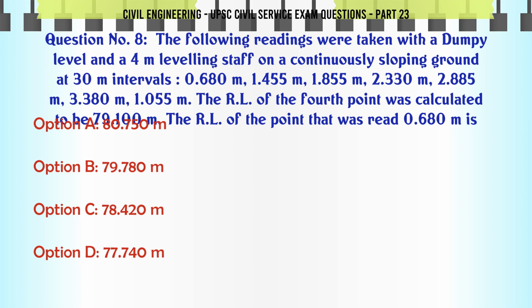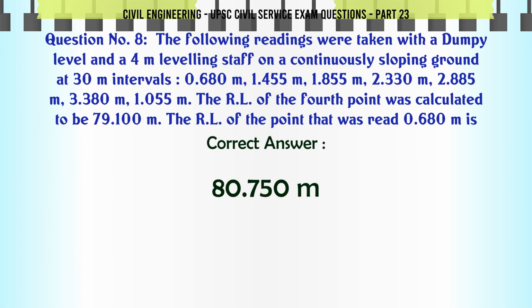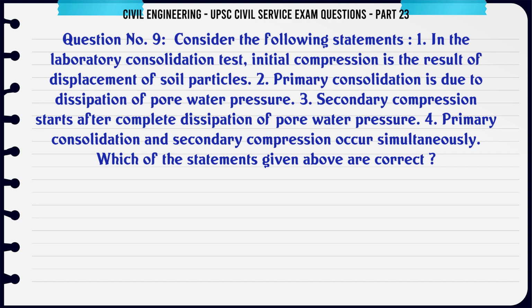The RL of the point that was read 0.680 m is A. 80.750 m, B. 79.780 m, C. 78.420 m, D. 77.740 m. The correct answer is 80.750 m.